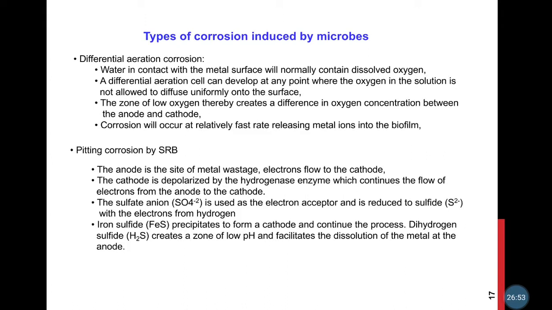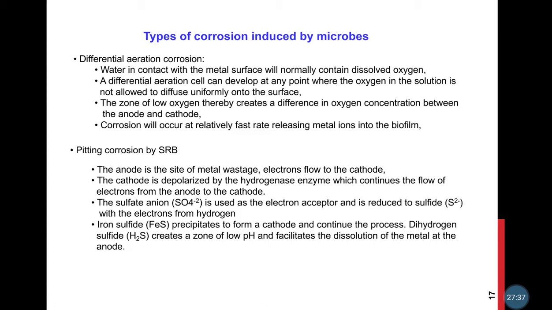Kalau kita tengok dekat dia punya explanation tu, okay, in pitting corrosion by SRB, ataupun sulfate reduced bacteria, the anode is the site of metal wastage, electron flow from the cathode. Maksudnya tempat yang metal tu wastage dibuang, manakala elektron pula akan berpindah ataupun pergi kepada cathode.